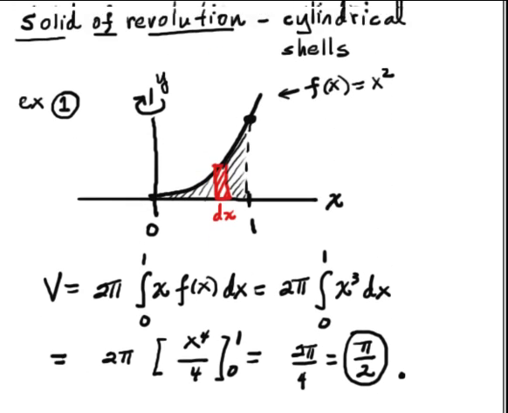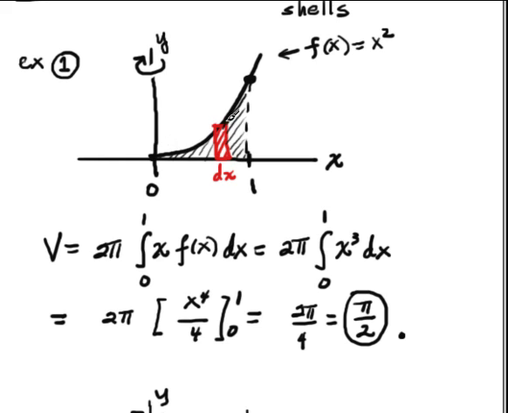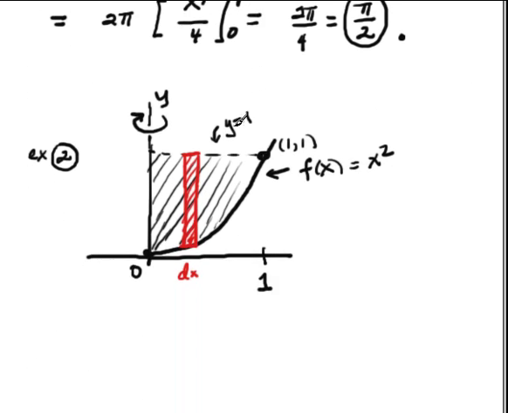So the difference is in the calculation of the height of this shell. Before, what was the height? Well, from here to here, that was f of x. And this distance here is x. When we spin around, the radius is x. When we spin, the radius is still x. It's this height that changes. So what is the height?